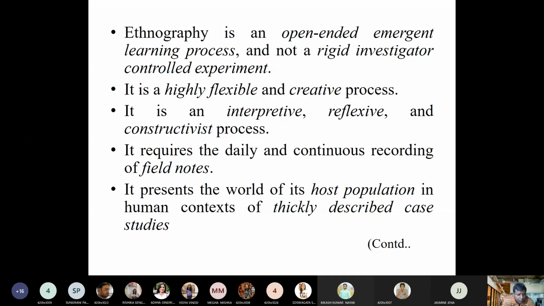Whenever I feel like reading those field notes, it also gives me lots of happiness, and from that I can explore lots of information from the field, because whenever we are writing field notes, we are writing so many aspects. That's why field notes matter a lot. That's why I always tell my students, even if you are doing nothing in the field today, and you are simply sleeping in your room, please write down that today you completely took rest and enjoyed your field.